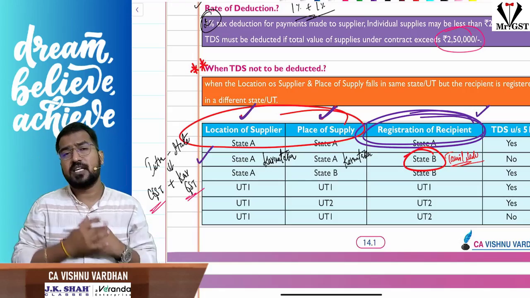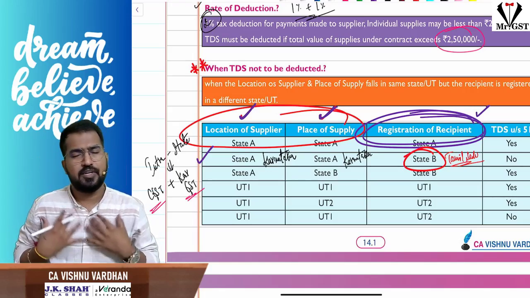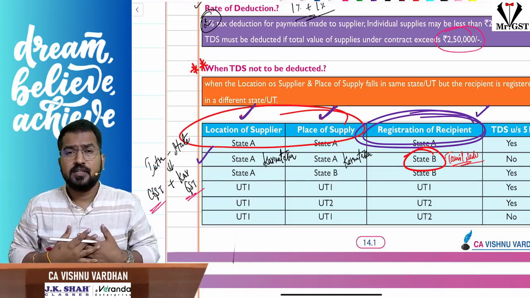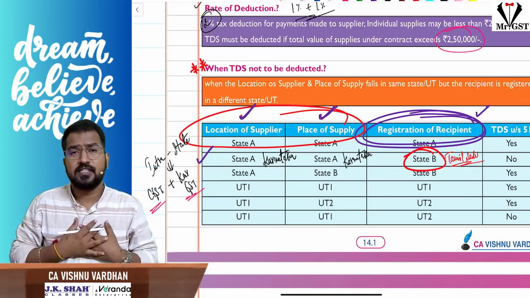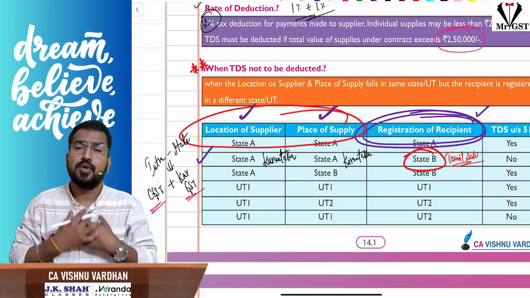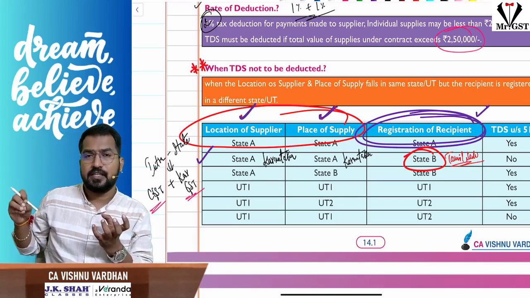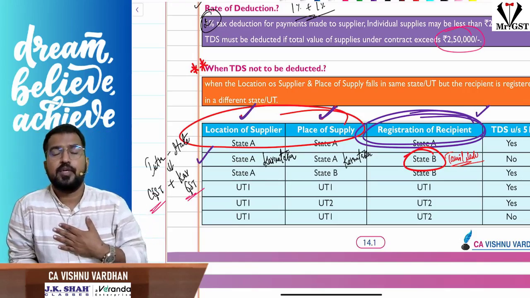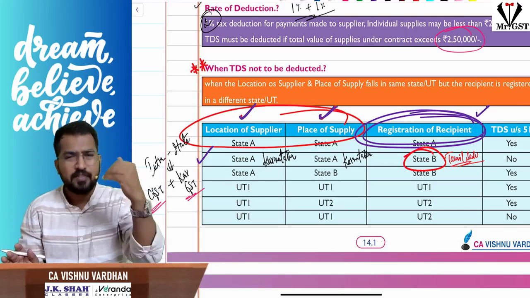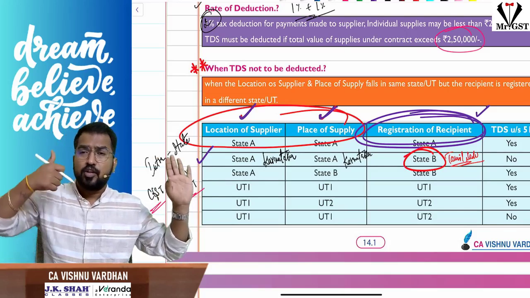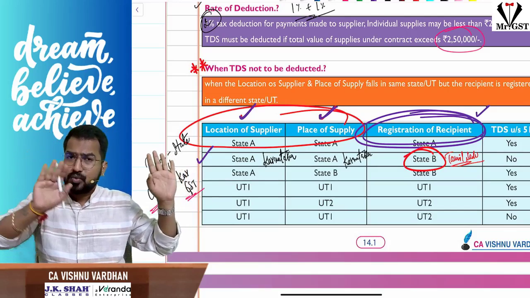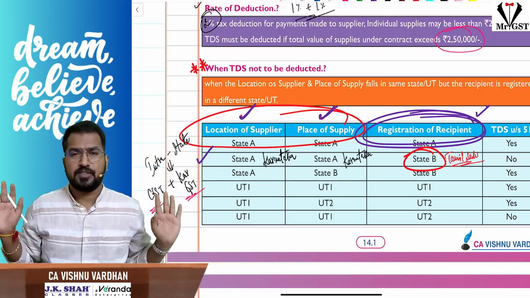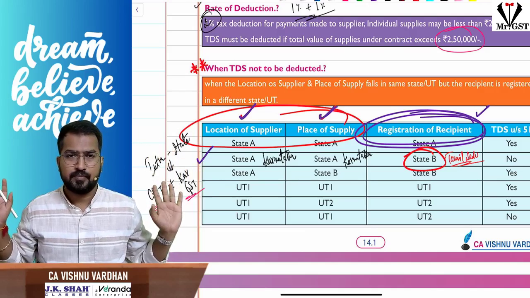If the supplier had charged IGST in the invoice, I would happily have deducted IGST and deposited it. But the recipient is in Tamil Nadu and cannot deduct TDS and give it to the Karnataka state government. That is the reason they are saying that if the recipient is registered in a separate state, and the location of supplier and place of supply both fall in one particular state, TDS provisions will not come into the picture. Am I clear? That is the point.